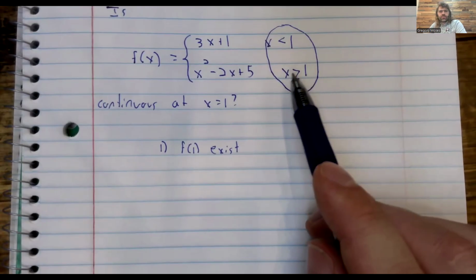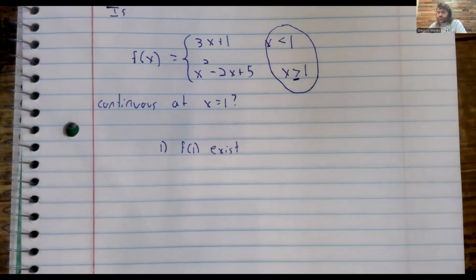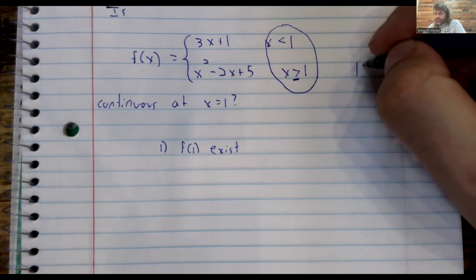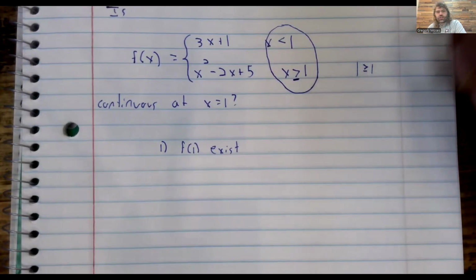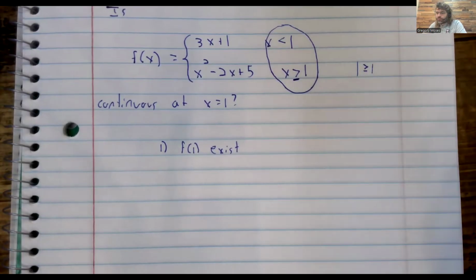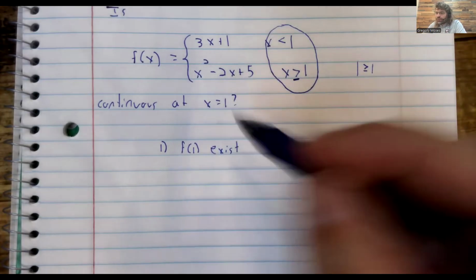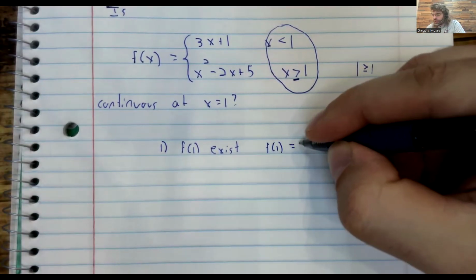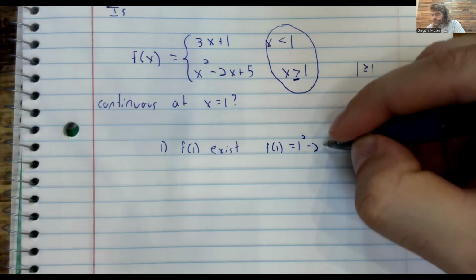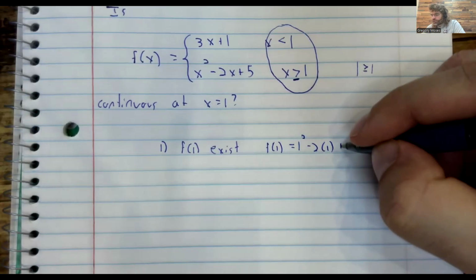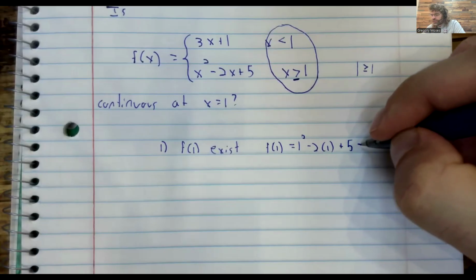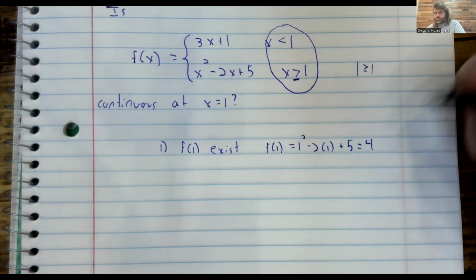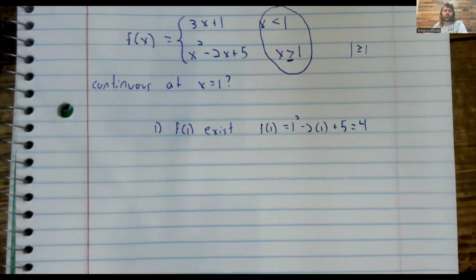We're in this piece because 1 is greater than or equal to itself. So f of 1 is 1 squared minus 2 times 1 plus 5, which is 4.